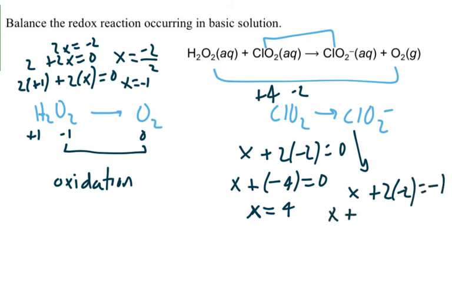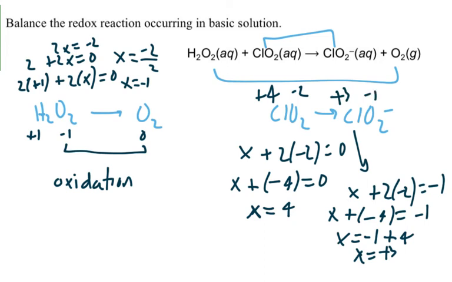So X plus -4 is equal to -1. X is equal to -1 plus 4. X is +3. So you can see here that chlorine is becoming less positive. So this half reaction is your reduction.